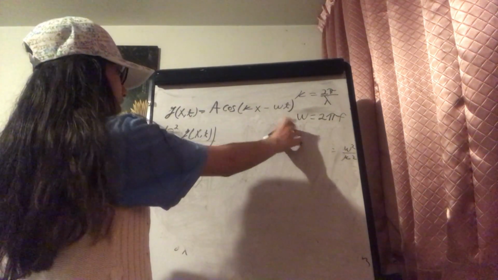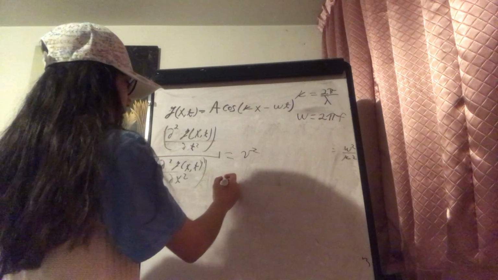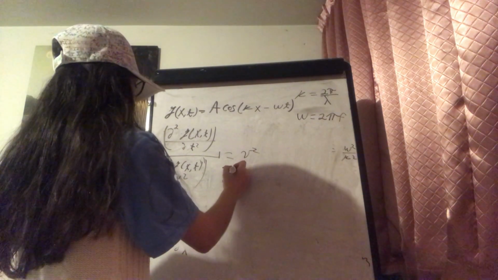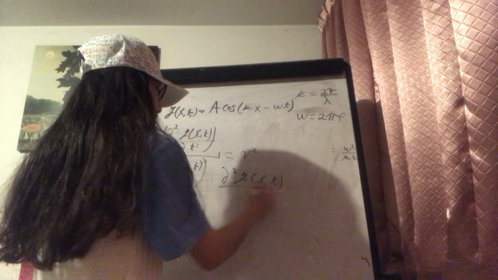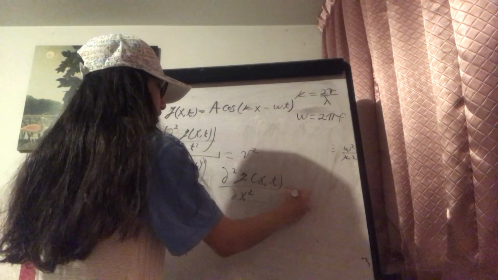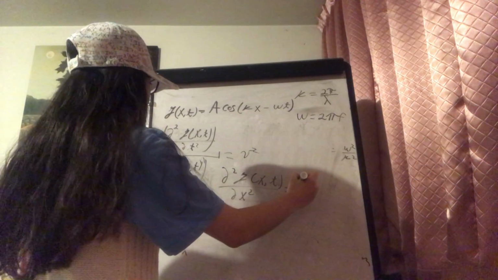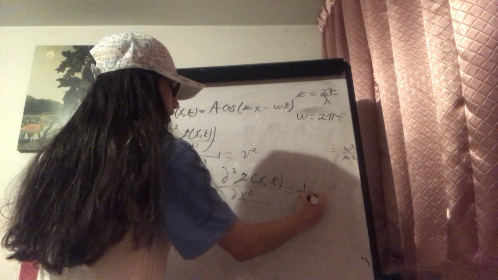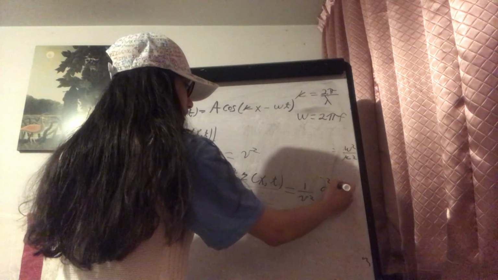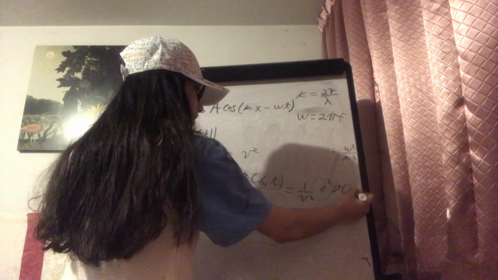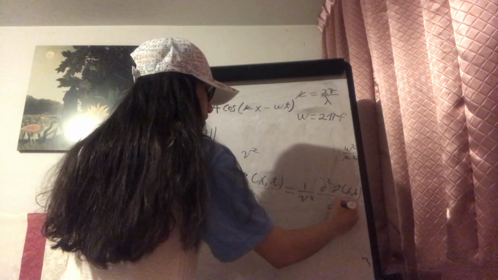So I send this here and this here, and so I have that the second partial derivative of y with respect to x is equal to 1 over the velocity squared times the second partial derivative of y of x,t with respect to time.